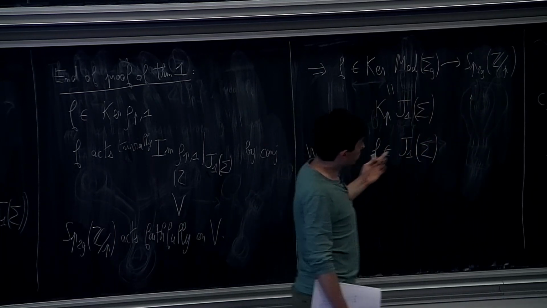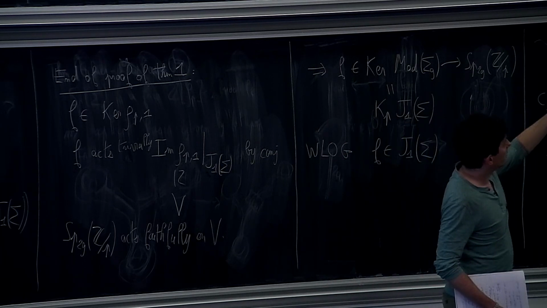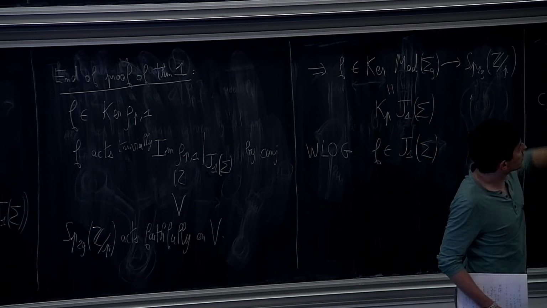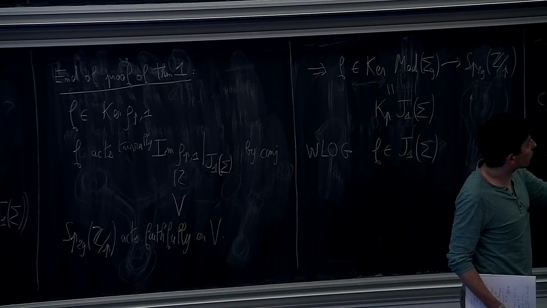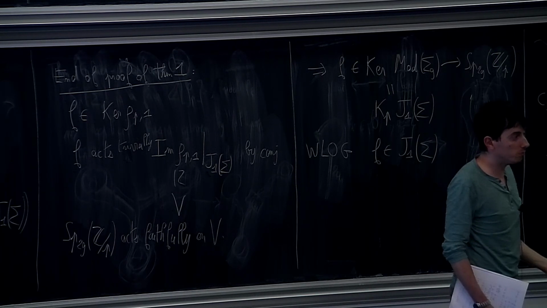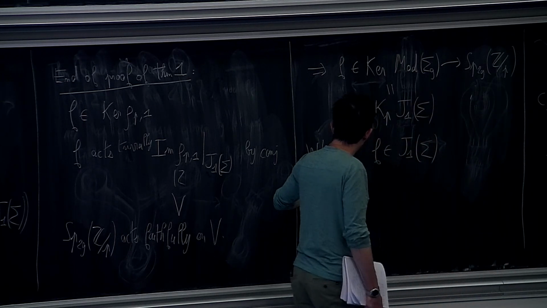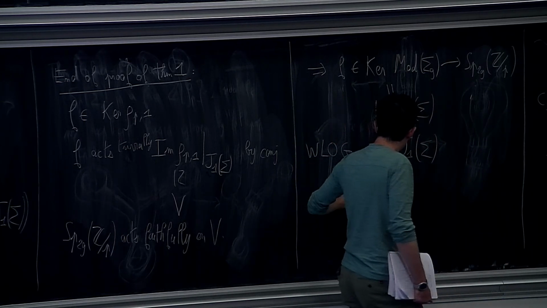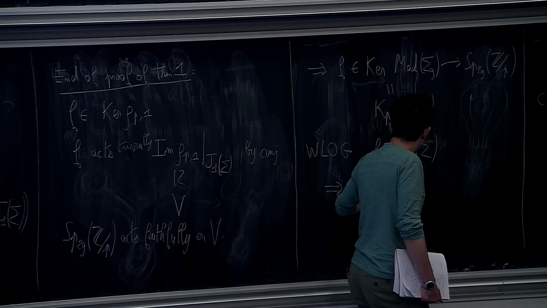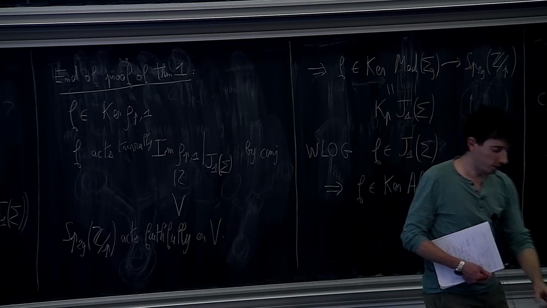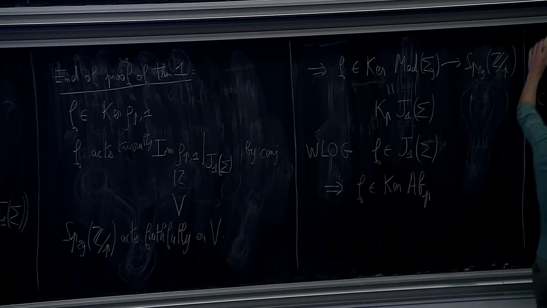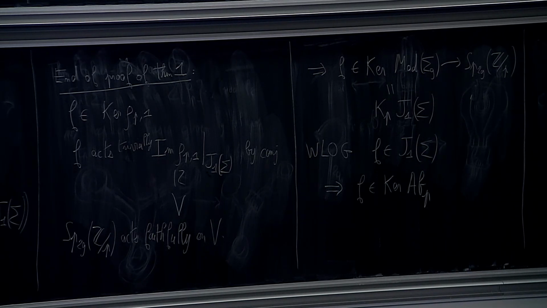But then because we know that rho p1 restricted to J1 of sigma has the same kernel as the abelianization of the Torelli group, this implies that f is in the kernel of the abelianization mod p, and the kernel of the abelianization mod p is exactly what we want.